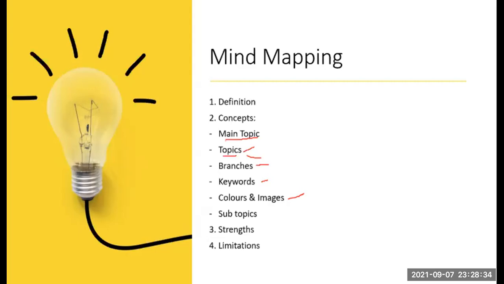The advantage of using a mind map is that it's a really effective collaboration and communication tool, especially when you have a lot of unorganized data. When you're not able to organize data in a non-linear fashion, that's when you can use a mind map.